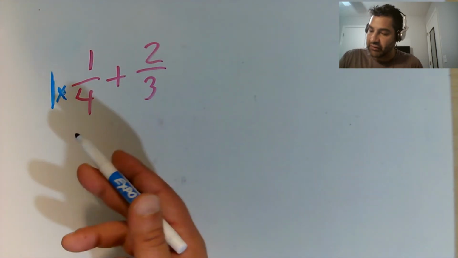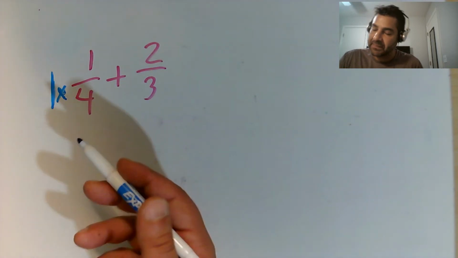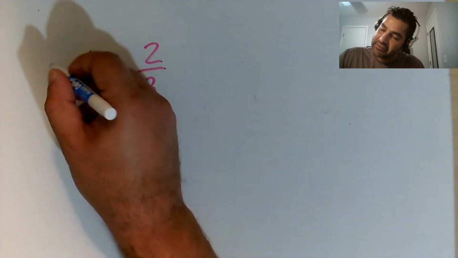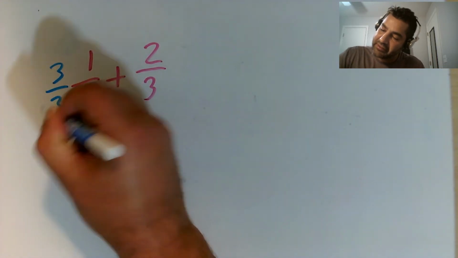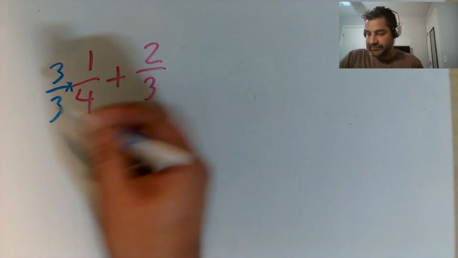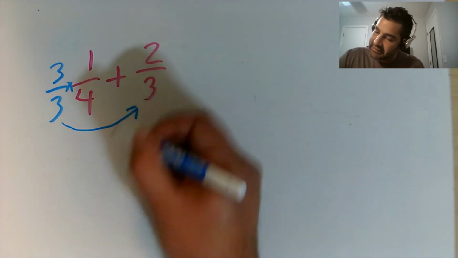But you can multiply it times a different version of 1. So 3/3 is 1 also. I picked 3 because it's the denominator of the other number.